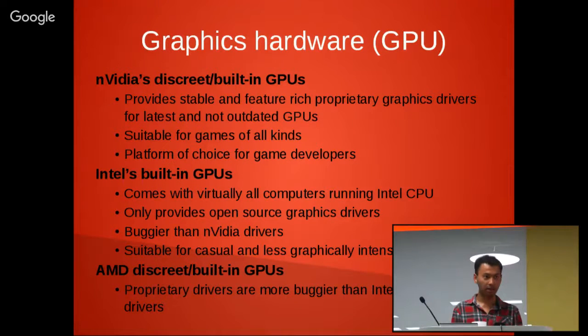Then you have AMD graphics cards. If you choose to go for AMD, you have both AMD proprietary drivers and open source drivers. AMD proprietary drivers are sometimes buggy. Many games would not launch. Sometimes you'll find a lot of trouble just using AMD graphics cards and their drivers.